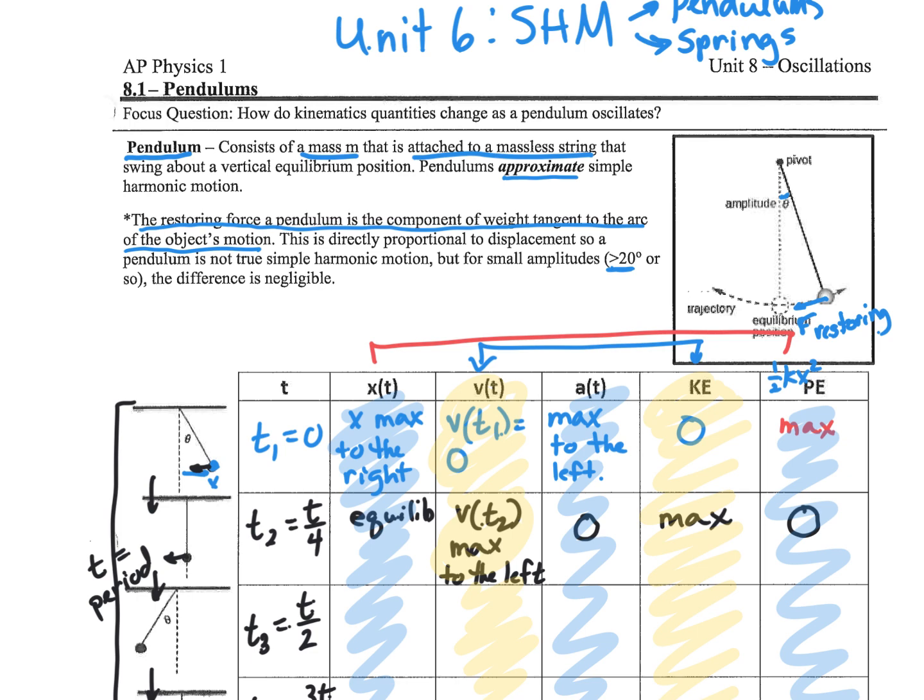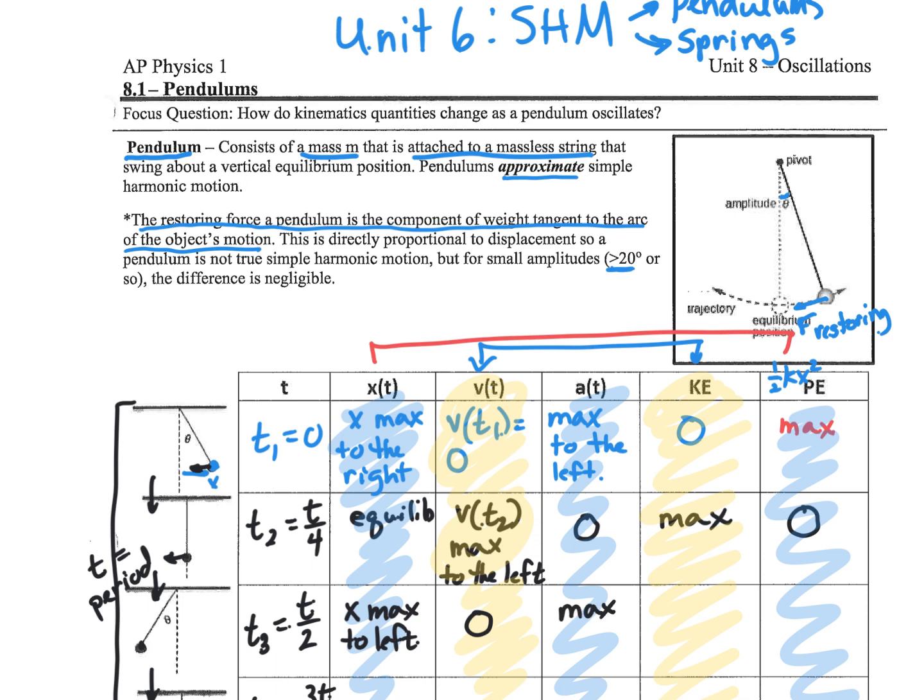All right, so at T over 2, we're now up to the top here, which means it has stopped moving. So we know the velocity is 0. We know this thing is at X max, but this time it's gone as far as it can to the left, hasn't it? Well, if this is at a max, then we know the acceleration must be at a max. And it matches what?